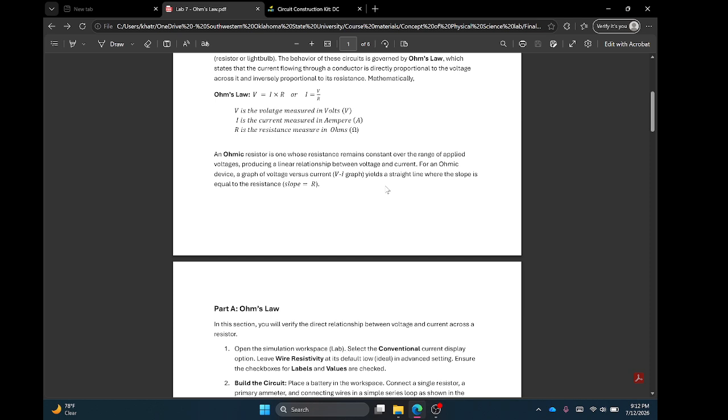And this Ohm's law basically establishes the relation between the voltage and resistance.